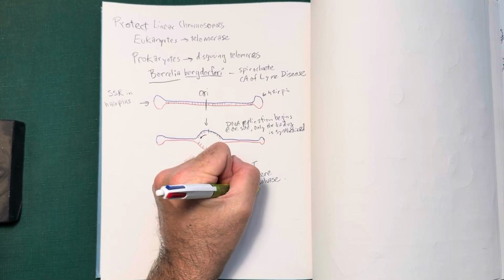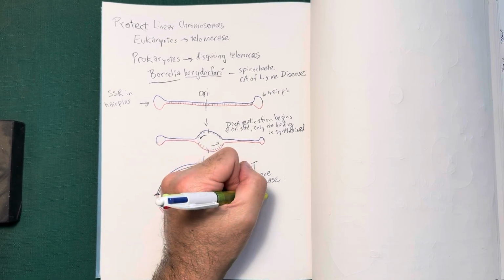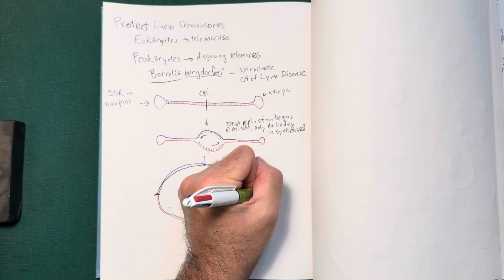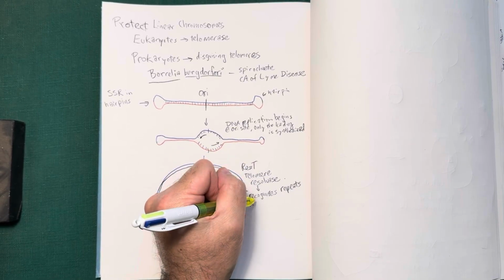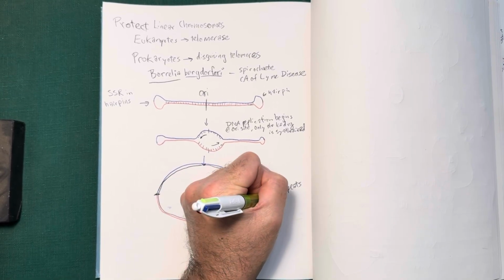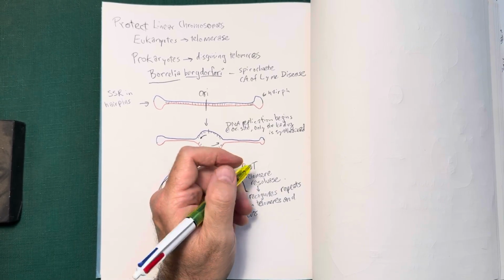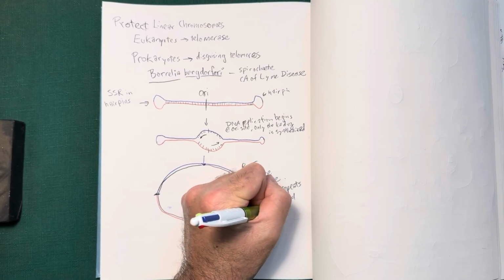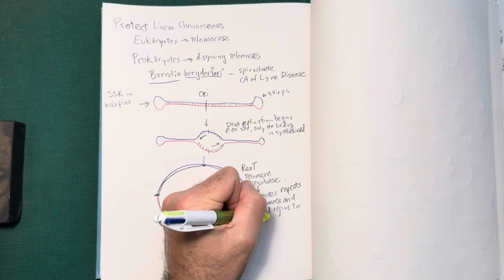Telomere resolvase recognizes the simple sequence repeats in the hairpins, and cuts them and rejoins them to create new hairpins.